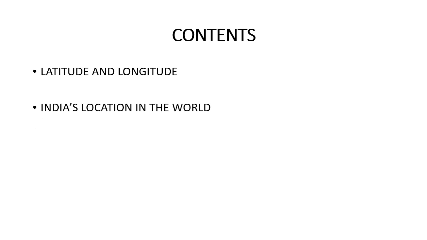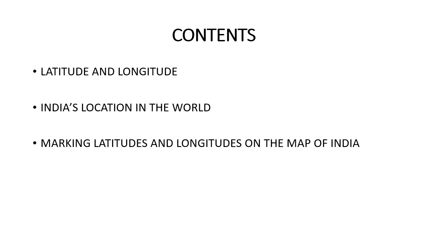Then we will see India's location in the world with the help of latitudinal and longitudinal extension. And then the last topic, we will see how to mark latitude and longitude on the map of India.